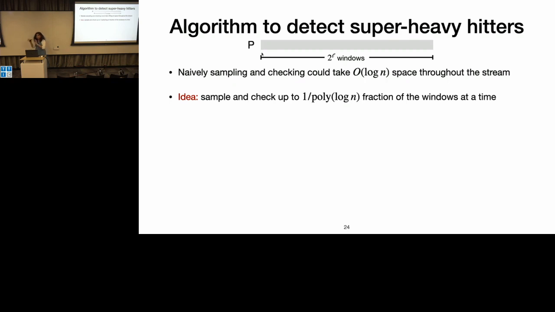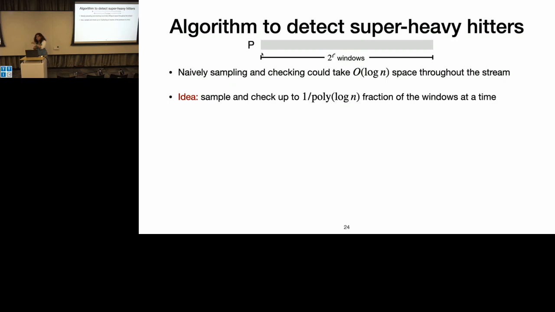In the end, the goal is to output the hash value. But it doesn't make sense to just check if the hash value occurs everywhere, because a hash value occurs everywhere. So the point is that you're not just checking if a hash value occurs everywhere. You're going to do this reverse mapping. Okay, I have a hash value. I know a set of elements from which it could have been sampled, which have the same hash value.